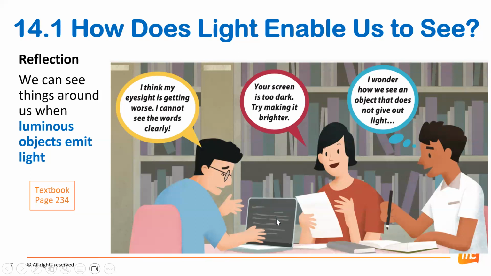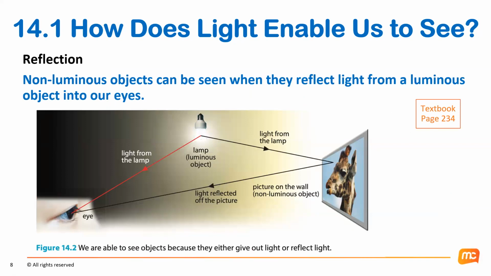But what happens if your laptop screen is too dark? There is insufficient light, and when there's insufficient light entering our eyes, we are unable to see the object. So that's why the girl was saying, try to make it brighter and you will be able to see the words. You should have learned this before in lower sec.